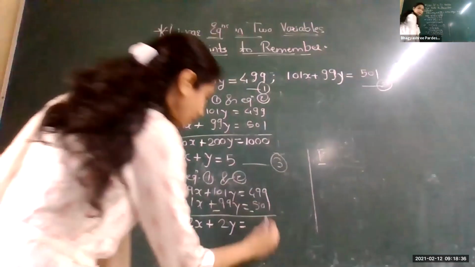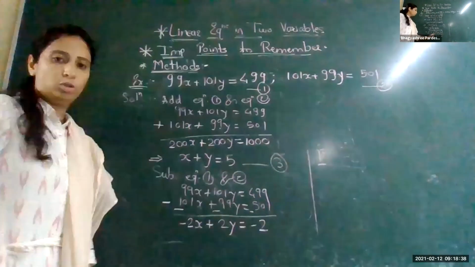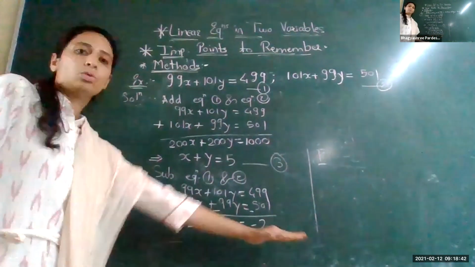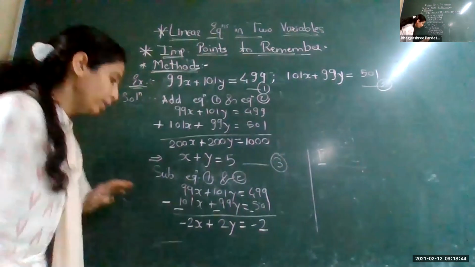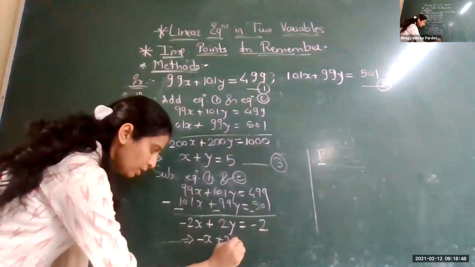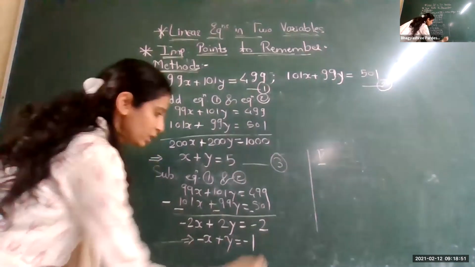Again this is equal to 2. Look here, 2, 2, 2. Again this whole equation can be divided by 2. Let's divide. This is minus x plus y equal to 1. Now this is your next equation.